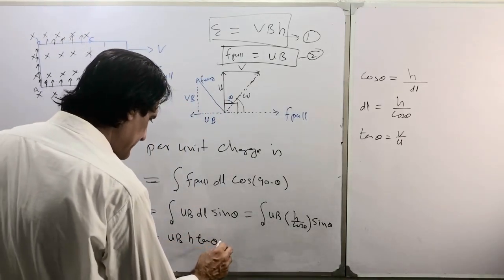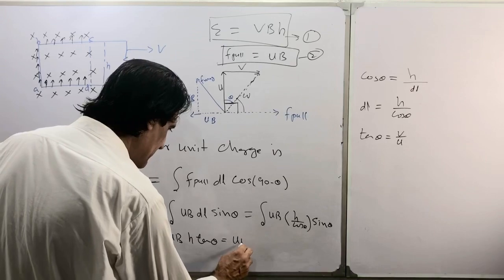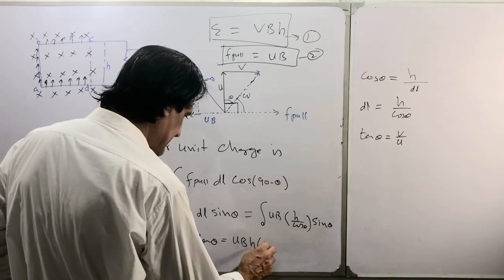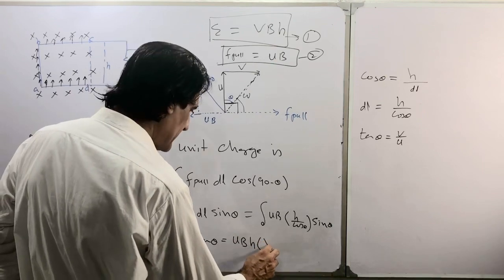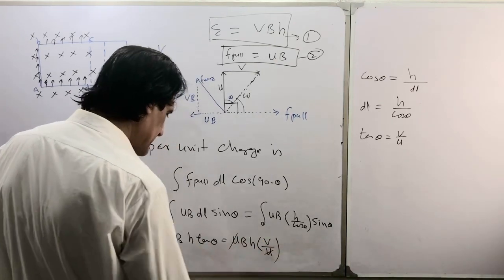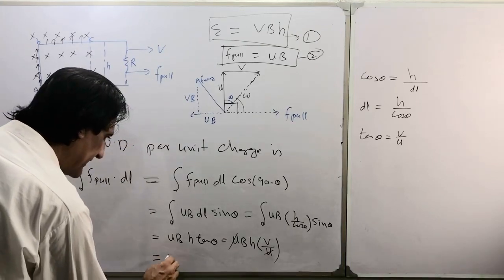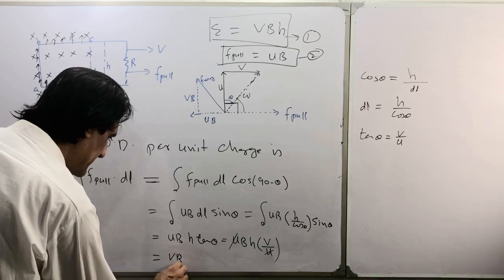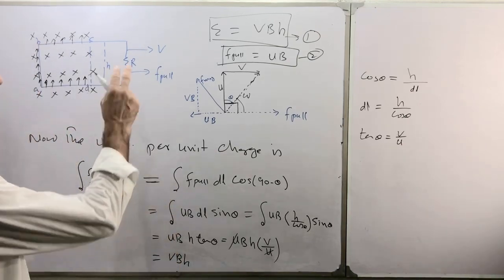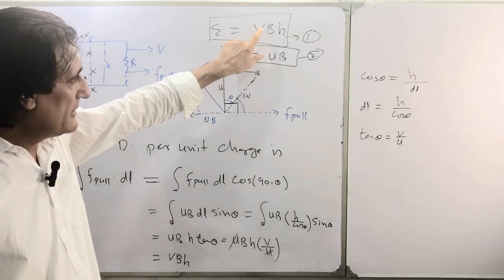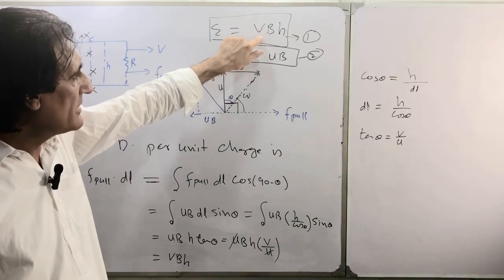So here UBh and this is v by u, so this u and this u cancel out, and finally we get the same VBH, the same work done, the same EMF that we have already calculated in equation number 1.